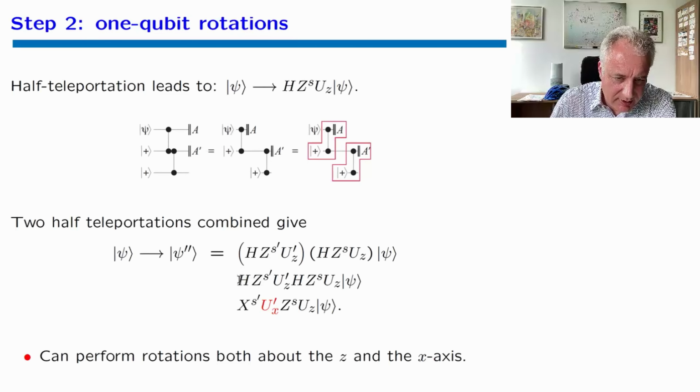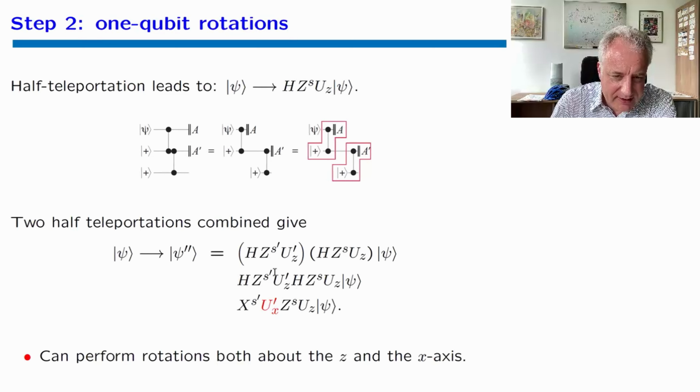Conjugating by the Hadamard takes a z into an x. So this is what we see here. And then we will take this Hadamard and propagate it also towards the end. The first thing that it does is conjugate the z rotation into an x rotation.